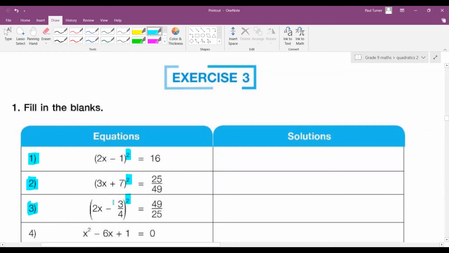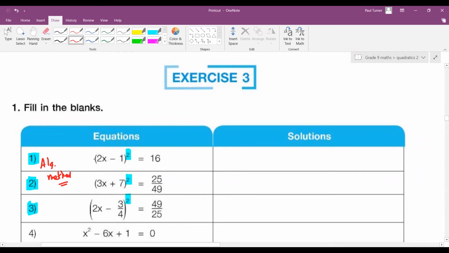So that's good. This is easy to solve now. Let's do the first one. You've got a power 2. So the algebraic method I would use because it's quicker than factoring.